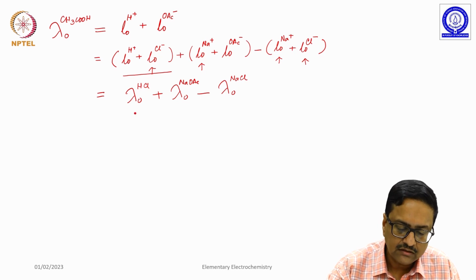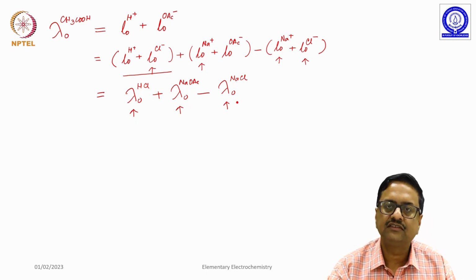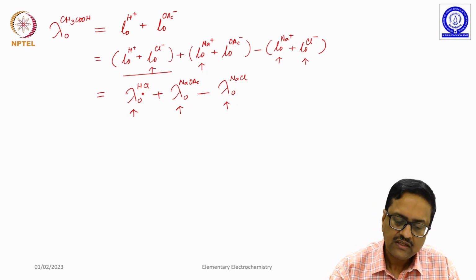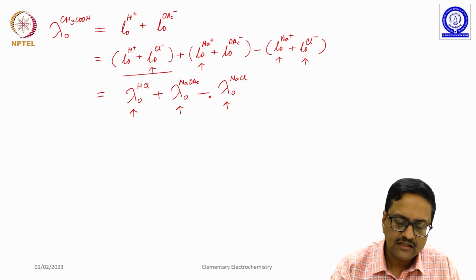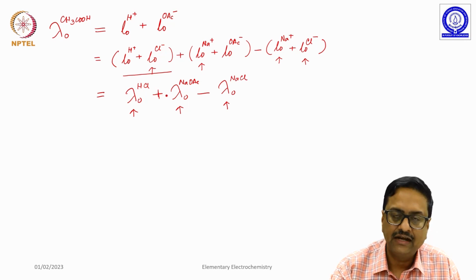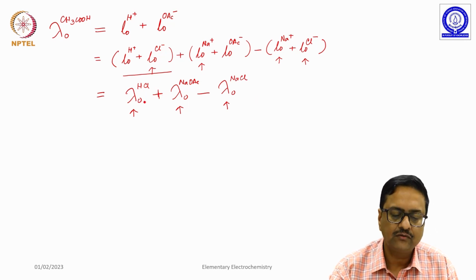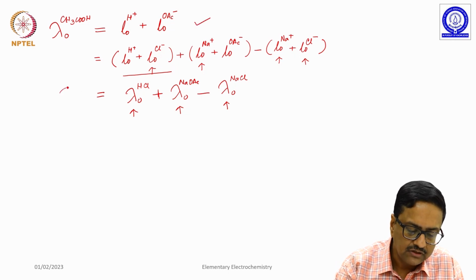So, if one determines the equivalent conductance at infinite dilution for these three strong electrolytes, HCl, sodium acetate and sodium chloride, then by doing a simple mathematics, addition and subtraction of these three quantities, one can easily calculate the value of lambda 0 for acetic acid.